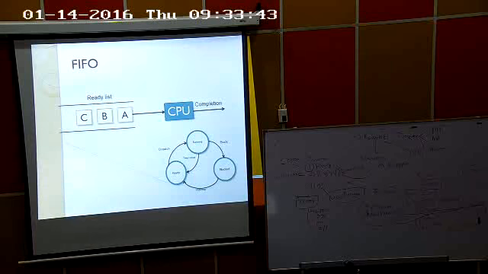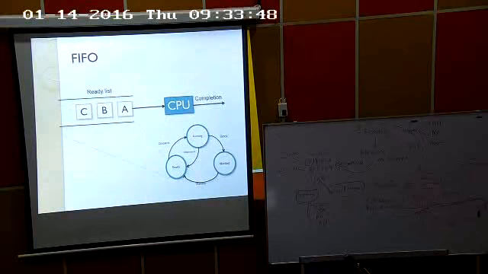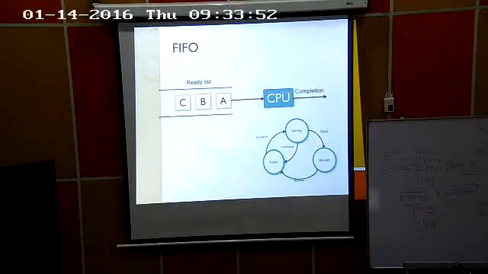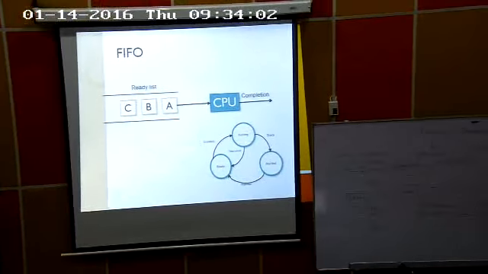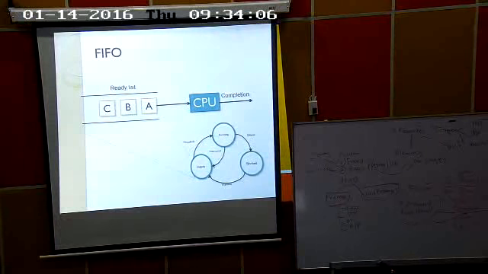Dispatch and run. Complete. After it is complete, then only B will run. And terminated here, complete here. After B completes, then only C will run.